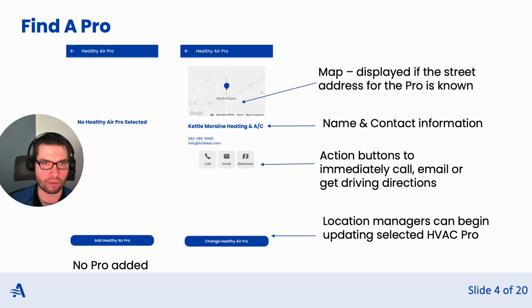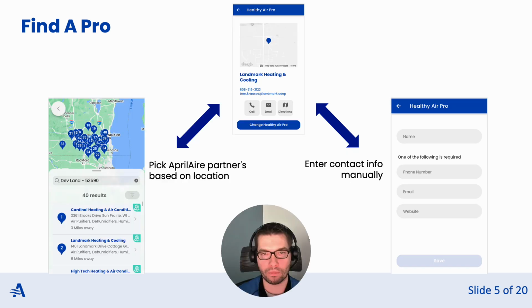You'll see that on the next slide, or you can go to the map page, which will be in the next slide as well. So at the top was the previous screen from the previous slide, and you can see that there are two options. When you change HealthyAire Pro, you can enter it manually on the right, and you can go to the map page on the left here.